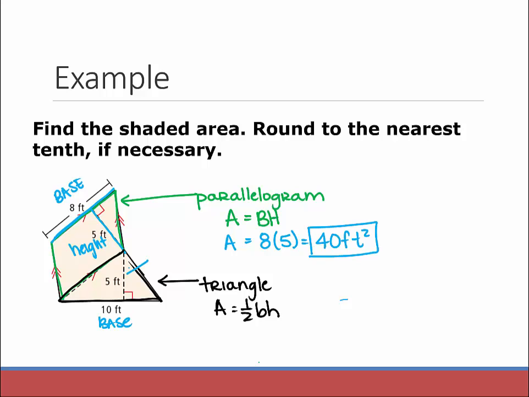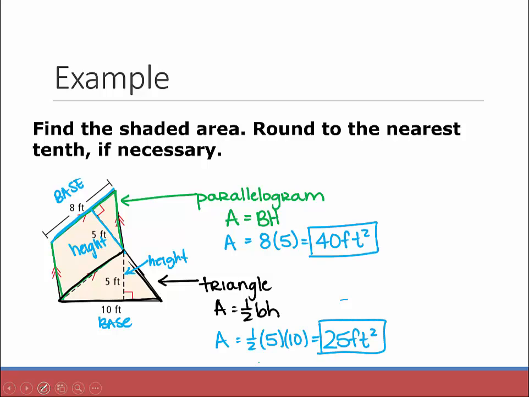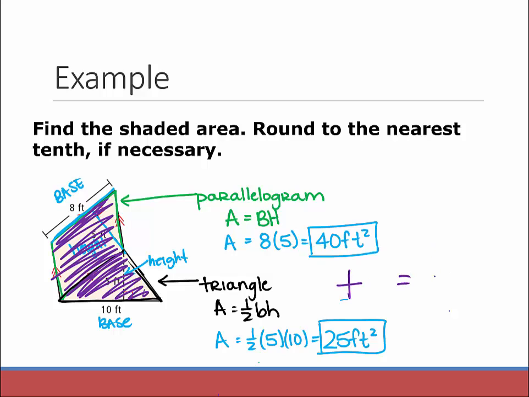So here's the base, here's the height. The area is 1/2 times 5 times 10, so half of 50 is 25 feet squared. The area of this entire figure, which is what I really want to know, is our parallelogram plus our triangle. So we end up with 65 feet squared. Not too bad.